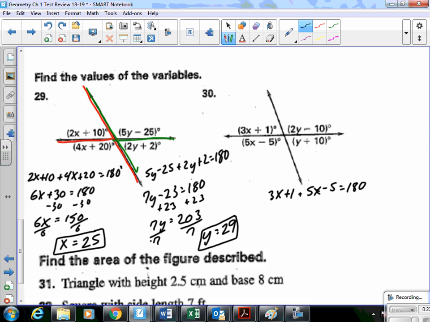So 3x plus 5x is 8x. 1 minus 5 is minus 4 equals 180. Add the 4 to both sides. 8x equals 184. And then divide by 8. And we're going to get x equals 23.